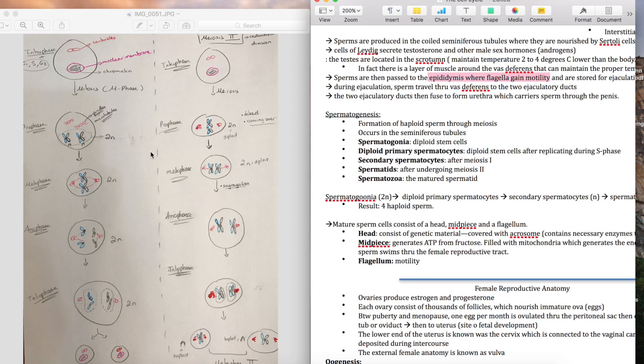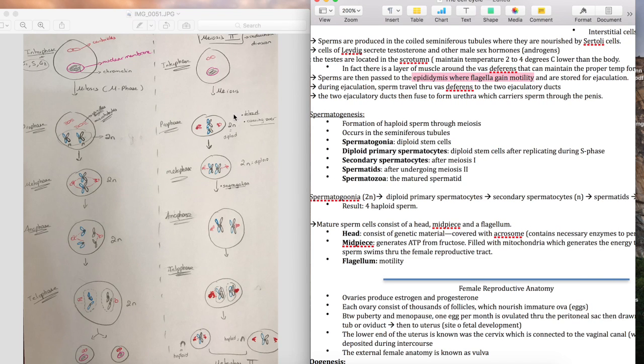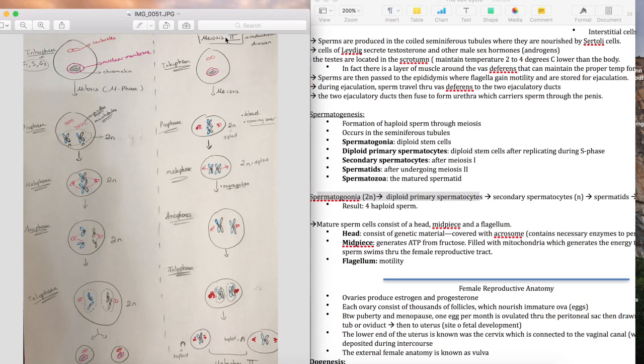Remember, independent assortment in prophase. So this phase is happening right here. Meiosis, right? Ooh, I just realized that I made a mistake here. It's supposed to be meiosis 1 is a reduction division, not meiosis 2. Meiosis 1 is a reduction division. I'm sorry.